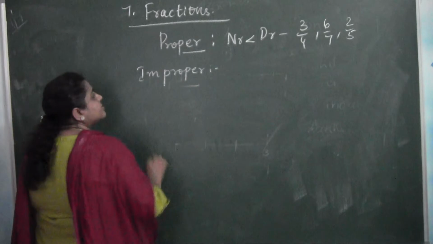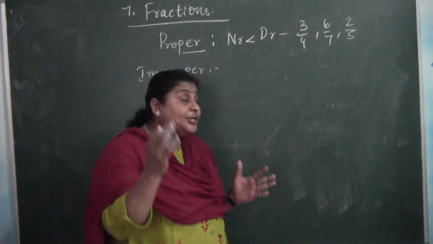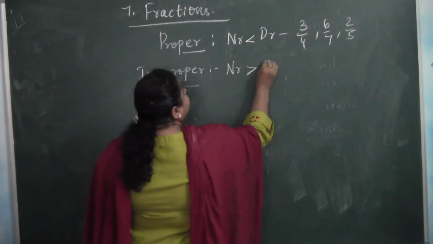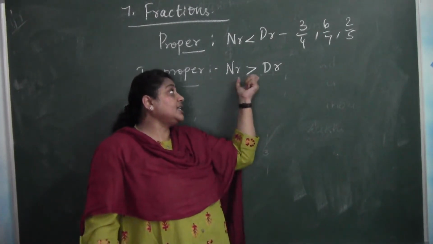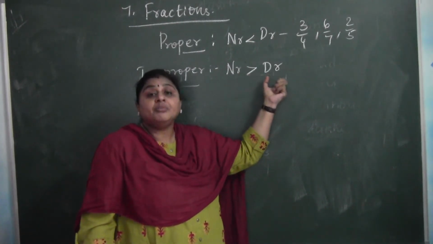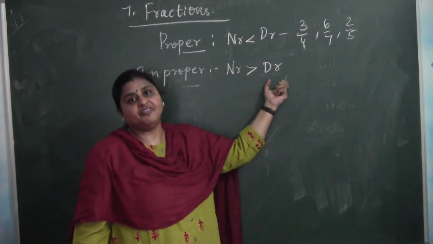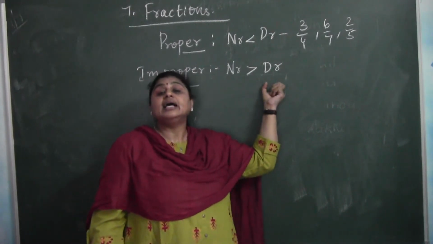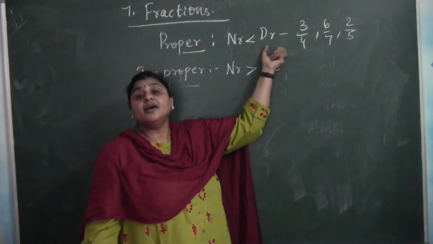Improper fraction is the opposite of the proper fraction. That is, if the numerator is greater than the denominator, that is called an improper fraction. Numerator greater than denominator is an improper fraction. Numerator less than denominator is a proper fraction.